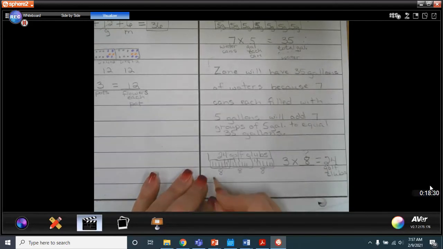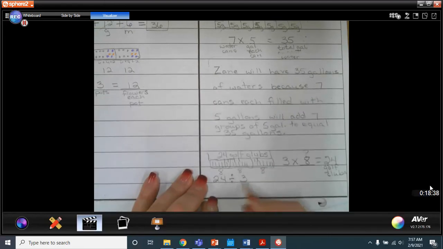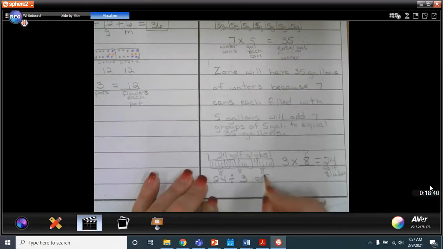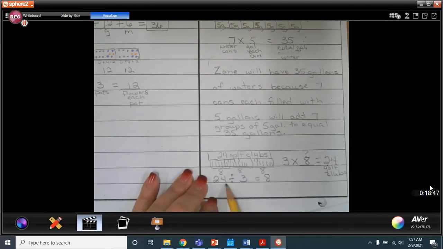Or I'm going to take the 24 clubs, because that's what's in my problem. I'm going to divide them or share them equally into 3 groups, and I have 8 in each group. So the equation that I should be using is 24 divided by 3, because the 24 is in my problem.